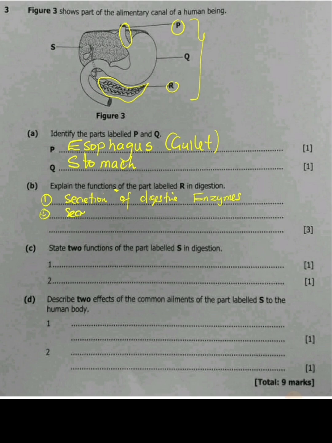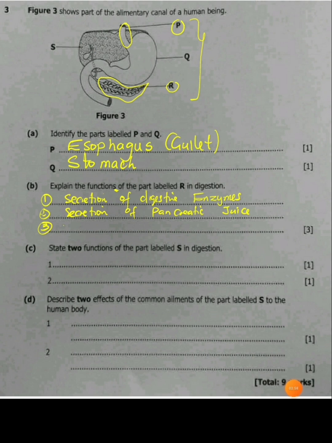There's also secretion of pancreatic juice. Now the pancreatic juice contains different substances, such as the same enzymes, the pancreatic amylase, and so on. Now, they have said in digestion, to be specific, right? In digestion.